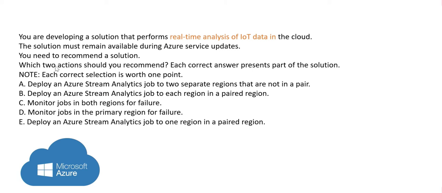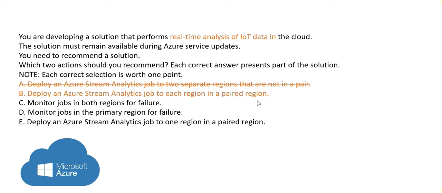With Azure Stream Analytics, what we usually do is create a region pair, and that is used to remain available during Azure service updates. So option A is wrong because they are not in a pair. Option B suggests deploying these jobs in each region in a paired region.